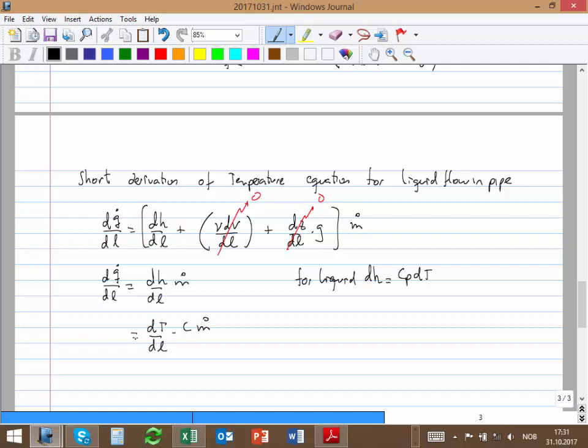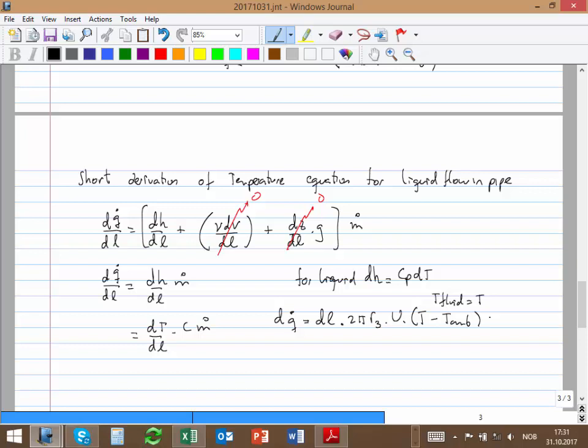We make it for a very small segment, so dq equal to dl times 2π r3 times U times (T minus T ambient). I will change now T of the fluid to T; T ambient is the ambient.